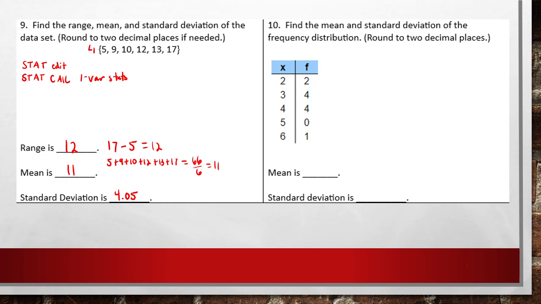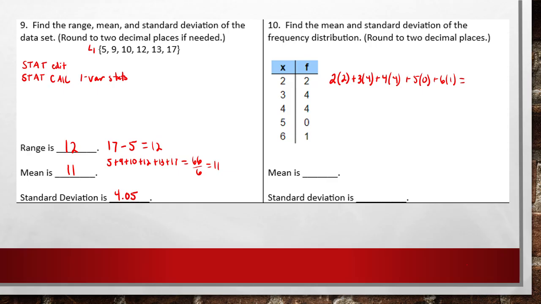Same thing with this next one. Yes, you can calculate the mean like we've done before. Remember we did one earlier where you do 2 times the 2 plus 3 times the 4 plus 4 times the 4 plus 5 times 0, which is just 0, plus 6 times 1.